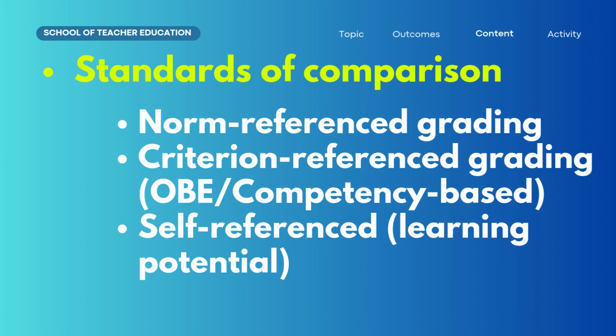It is all up to you as to what would be your grading system or your standards of comparison. But the best practice is that norm reference grading is used for formative assessments, and criterion reference should be used for summative assessment.